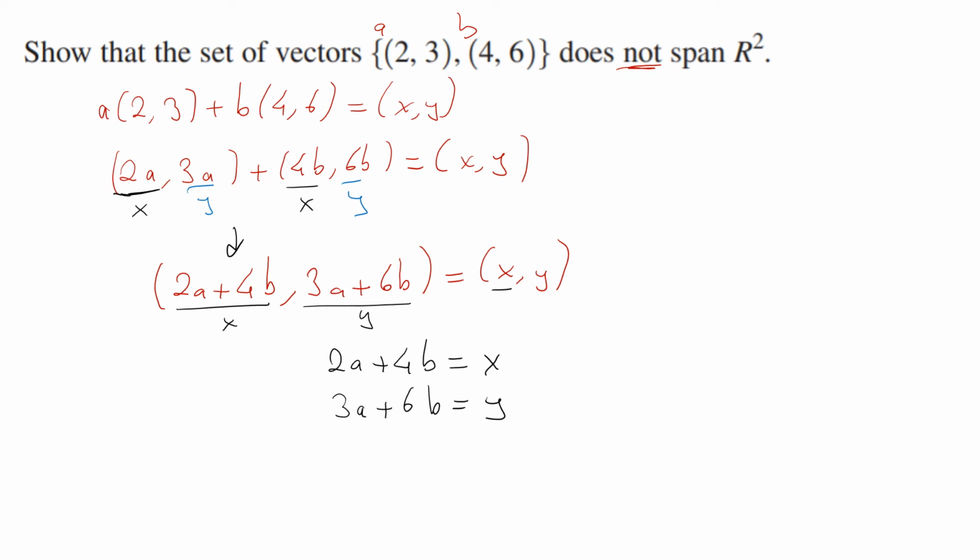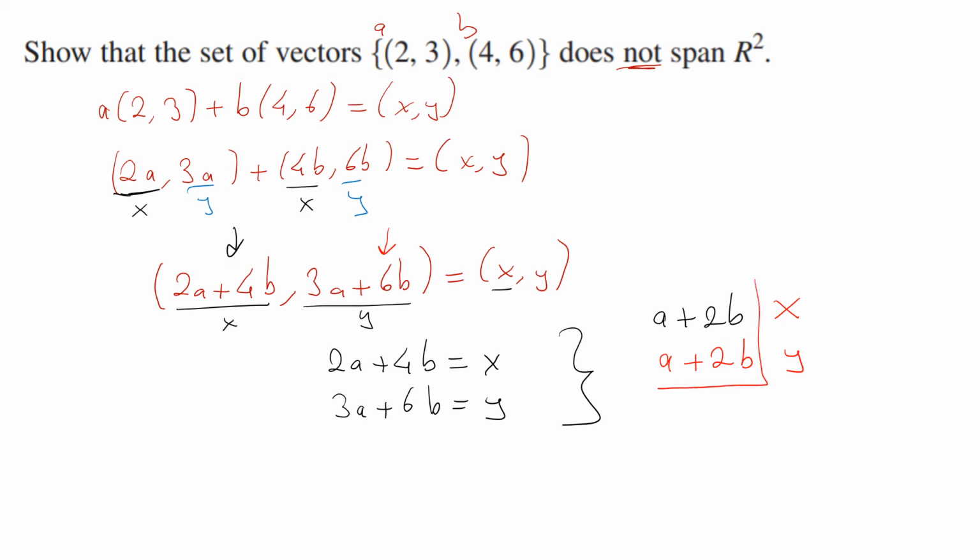If I divide that, what I get is a plus 2b, which is for my x coordinate. Now for this one, what I realize is I also have a common factor I can take out, which is 3. So if I divide that by 3, I'm going to get a plus 2b, which represents my y.